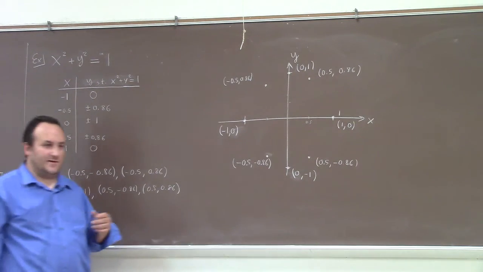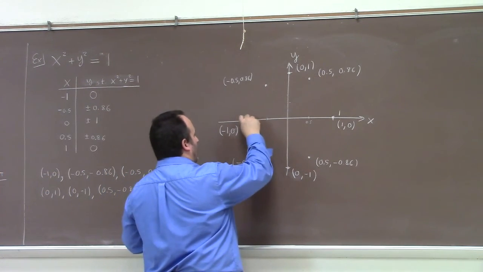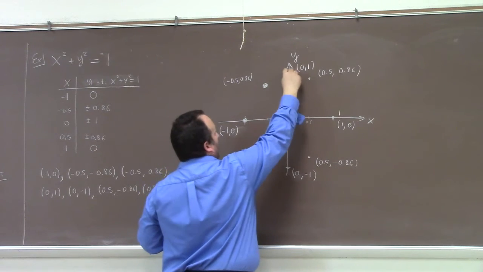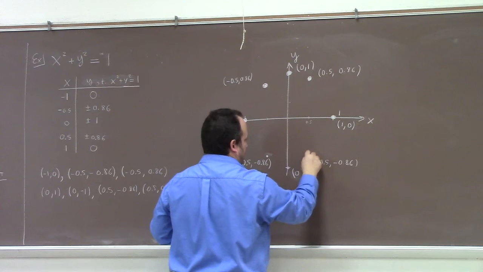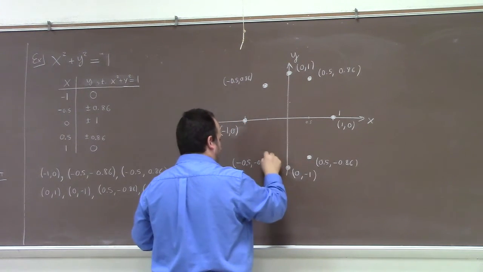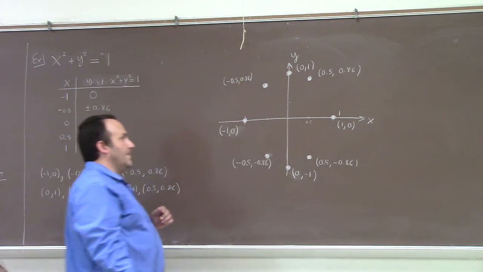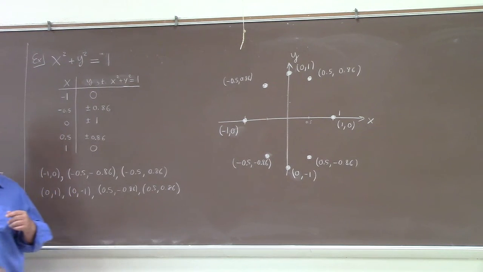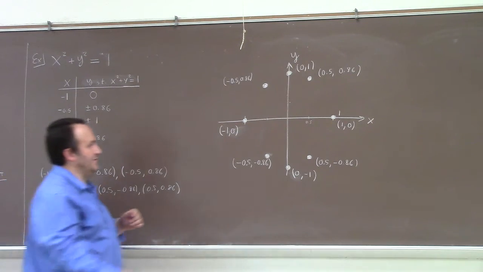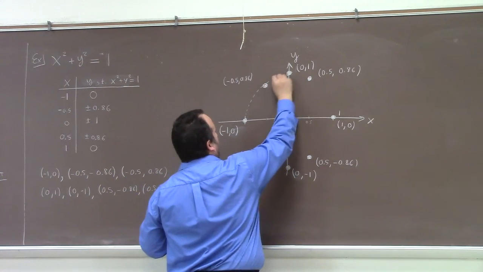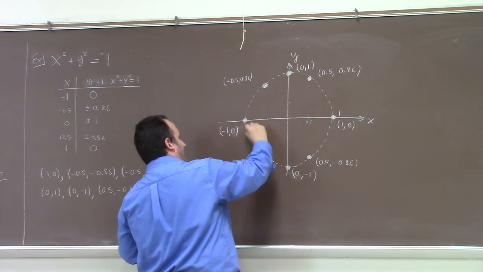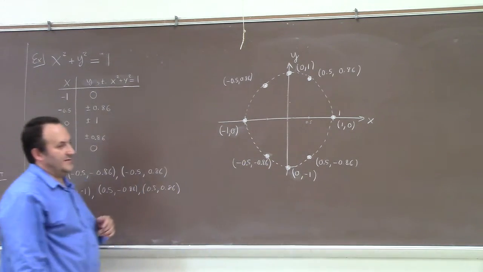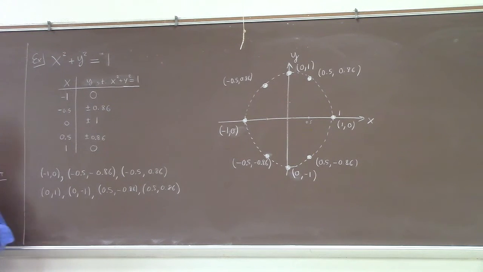Let me make the dots bigger. What is it? Circle. It's a circle. Yes, we have a winner. Up to the limits of my artistry, it's a circle, yeah.